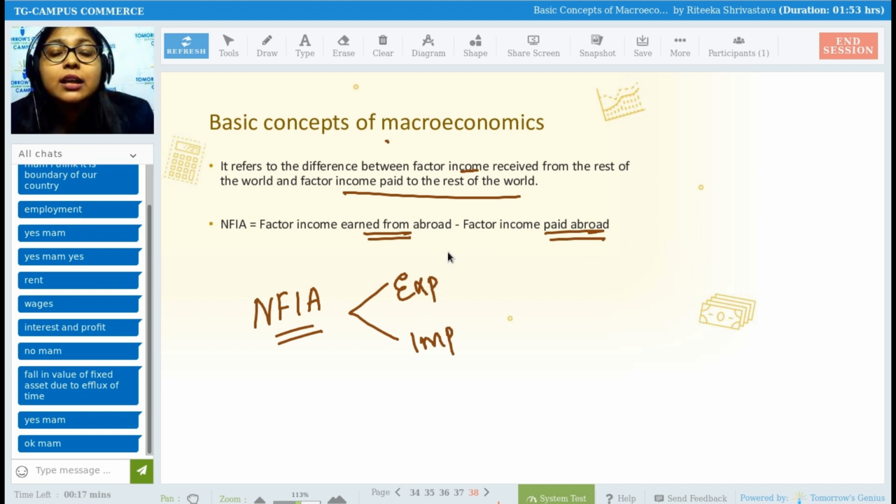Factor income means the income, the money which we received from providing factor services, that is your rent, wages, interest and profit. So those are factor income. So how much income you are earning from abroad minus how much payment you are doing to abroad is called NFIA, that is net factor income from abroad.